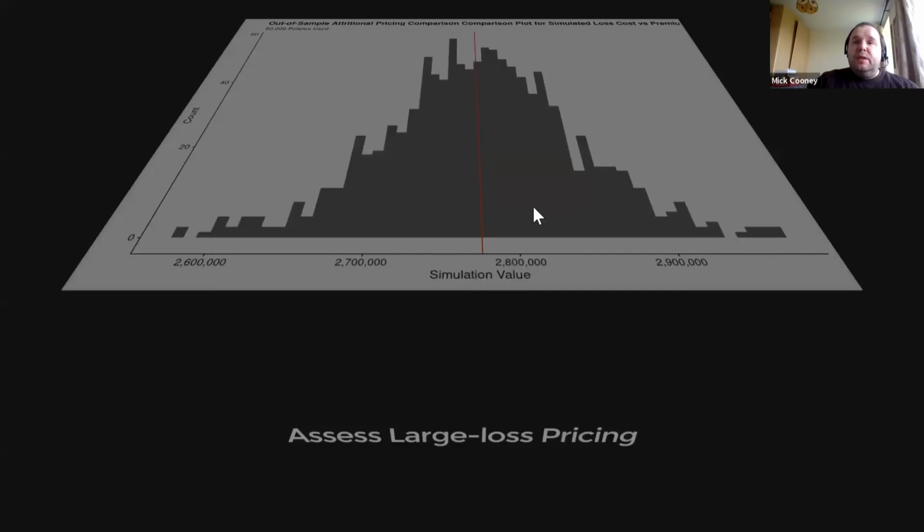We've built all these big simulations, but now let's look at subsets of them, and start to see, okay, in general, we're doing a pretty good job of, on average, capturing everything. But it's the small sub-segments of the market, especially when you're dealing with very large losses, that can kill you.